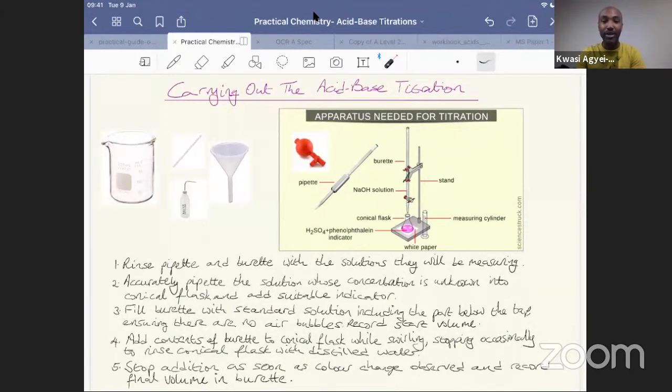Now, when you transfer the contents of your pipette into the conical flask, at the very end you need to touch the tip of the pipette to the solution so that the maximum volume has been drained into your flask. There will always be a tiny drop of your solution left in the pipette. This has been accounted for in the total volume, so don't try and force it out.